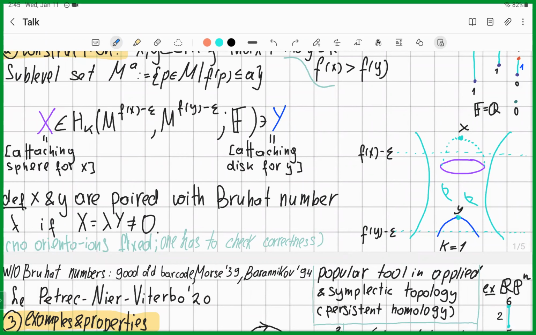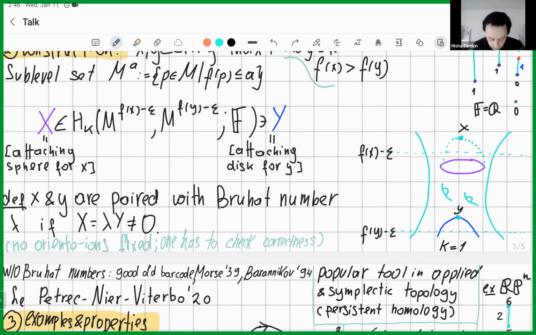Yes, the manifold is compact without boundary, so only a finite number of critical points. This can be extended to manifolds with boundary, to cobordisms, with ease. Alternatively, if the manifold is non-compact, then you have to assume some natural conditions, like linearity or quadraticness at infinity, or something like this.